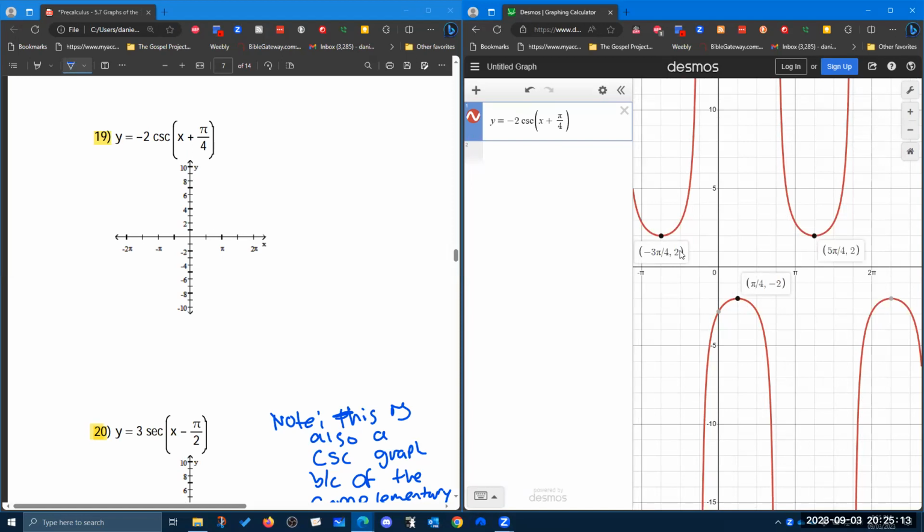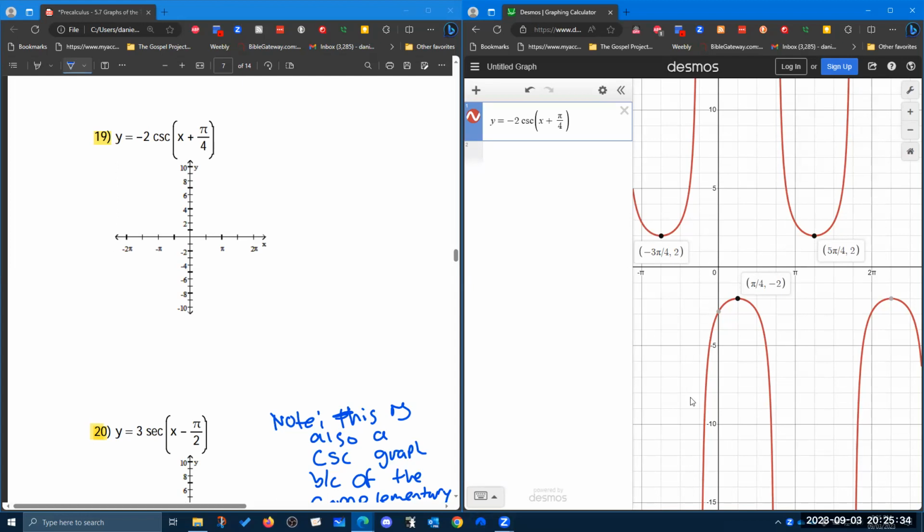And you can see that the minimums and maximums here are still 2 pi apart from one another like we would expect. 8 pi over 4 is 2 pi.